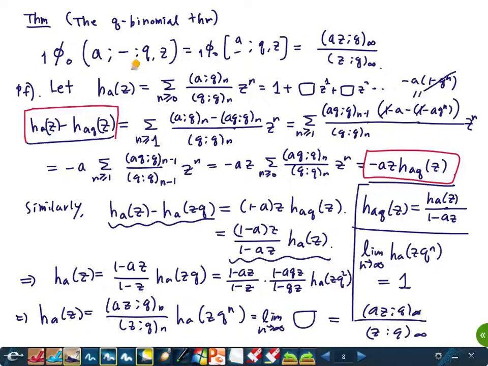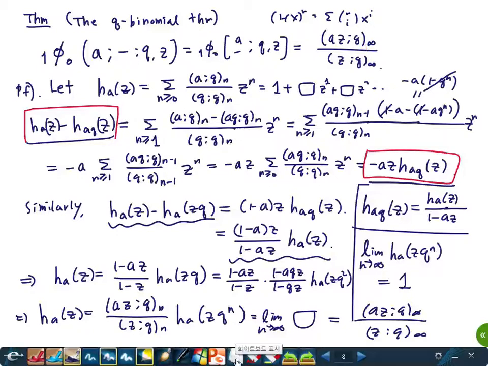So the binomial theorem is like this: summation of n choose i, x to the i, but this doesn't look like this. But we will see that there are several consequences of this theorem, and one of them is the q version of this. You will see that.